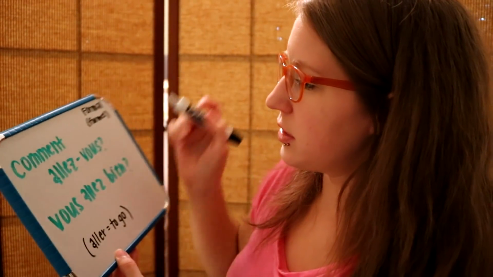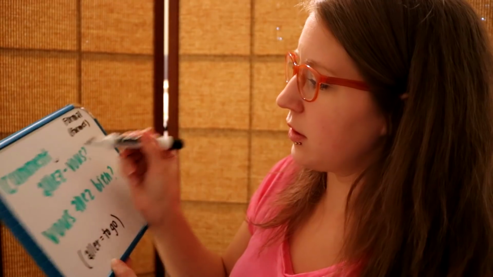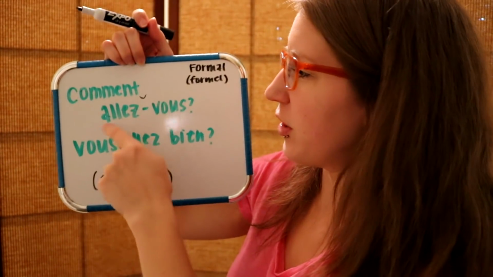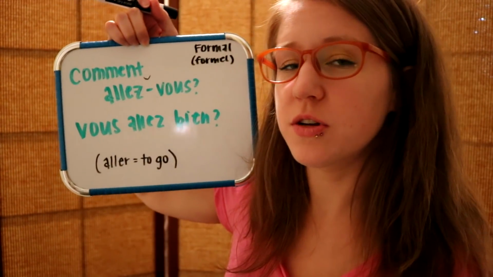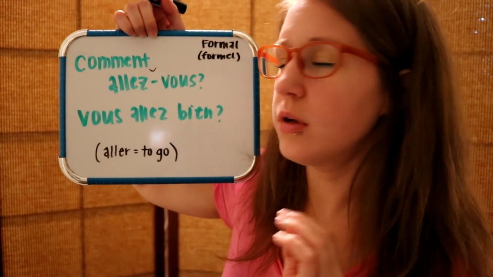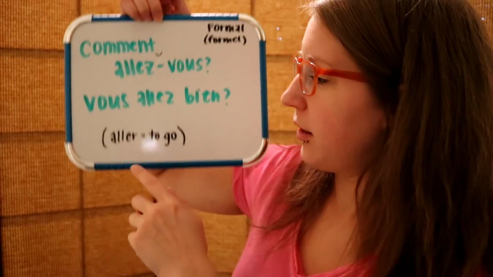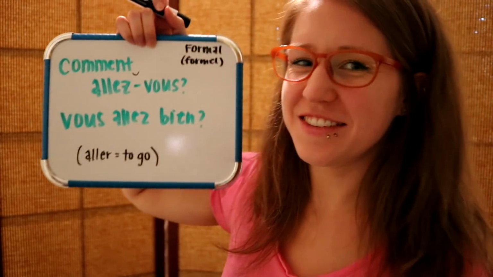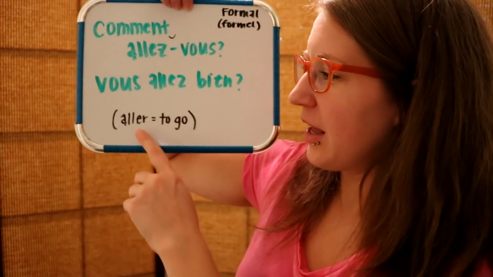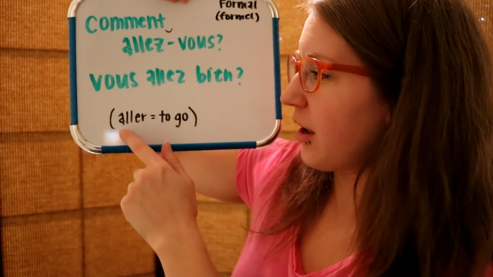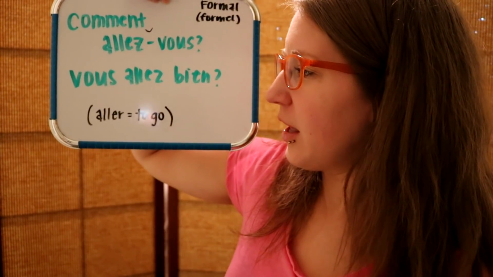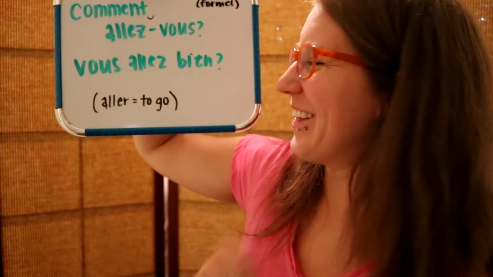Again, we're going to roll this T over into the A a little bit, so it's comment allez-vous. And this is where it gets a little weird, but aller, A-L-L-E-R, is the verb that means to go somewhere.